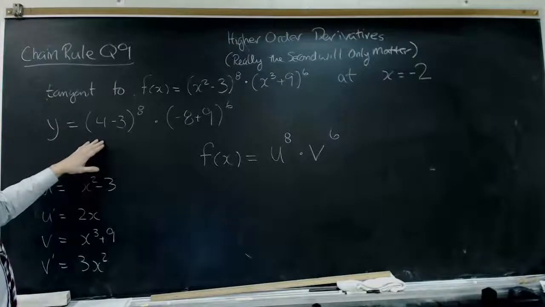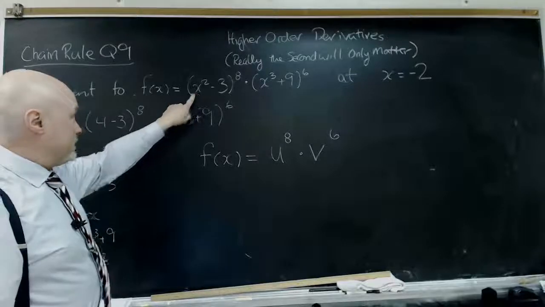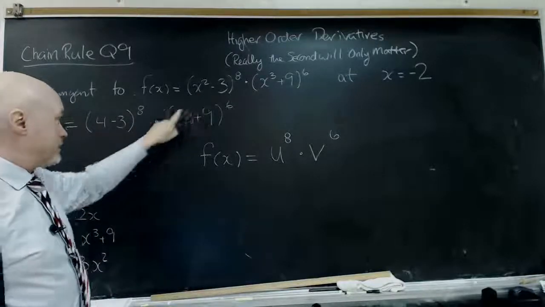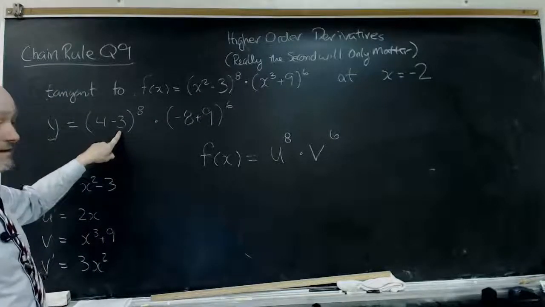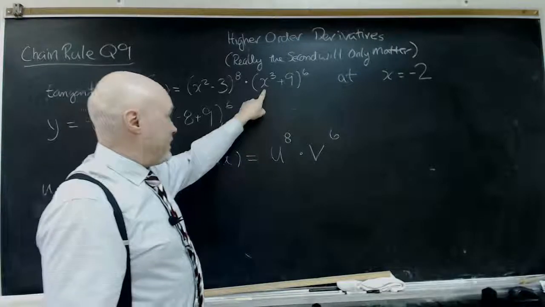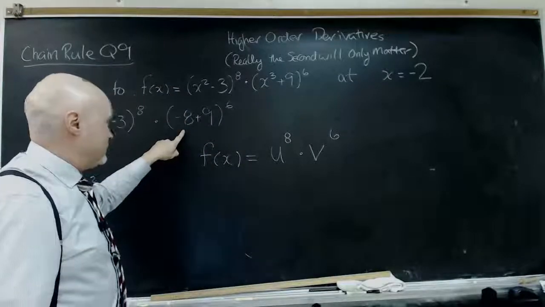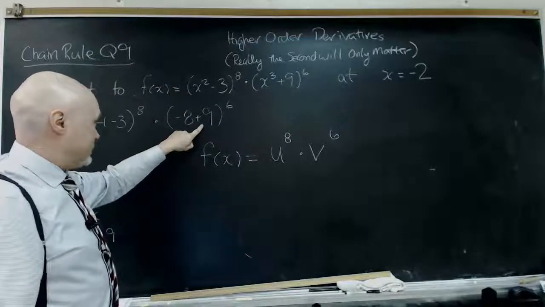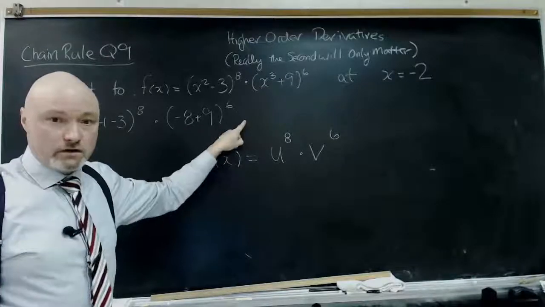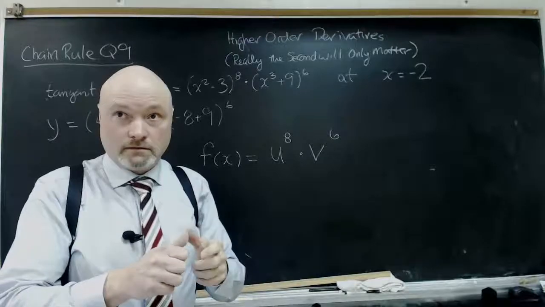And fortunately, it's when x is equal to negative 2. So negative 2 squared is 4. Subtract 3 is 1, to the exponent 8. I can do that in my head. And when x is negative 2, x cubed is negative 8, plus 9 is 1. And 1 to the exponent 6 is 1.